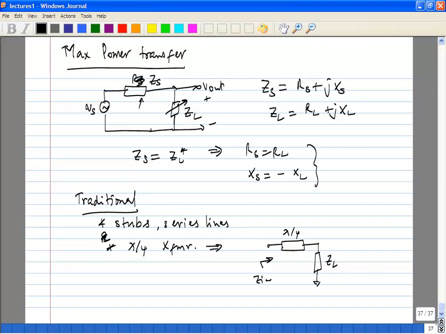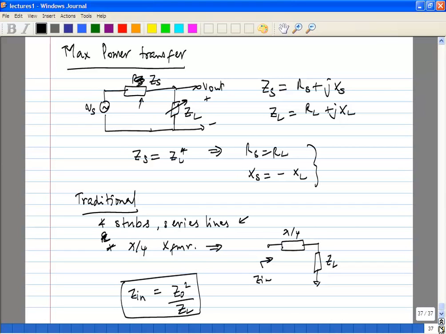What is Zin in terms of ZL? Anybody remember? That is for the lambda by 4 case. In general you have to use a Smith chart. Each time you are at a certain transmission line, you see where you go on the Smith chart. You know the initial point, you know the final point, and you want to go there in some certain way. You may go using inductors, capacitors, whatever, right?